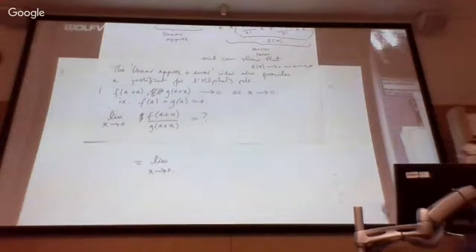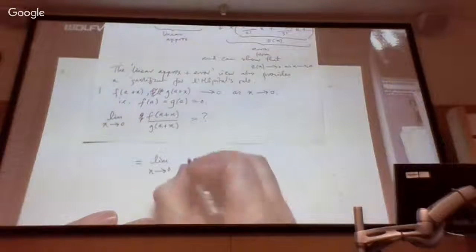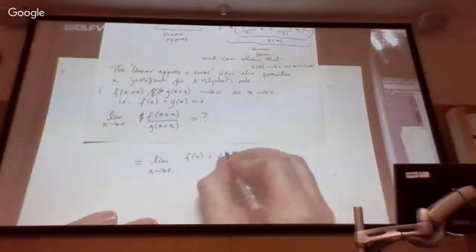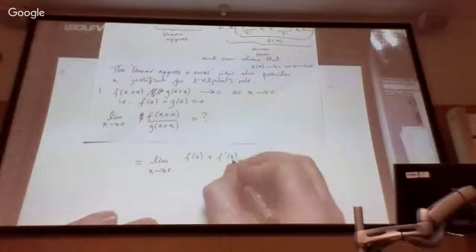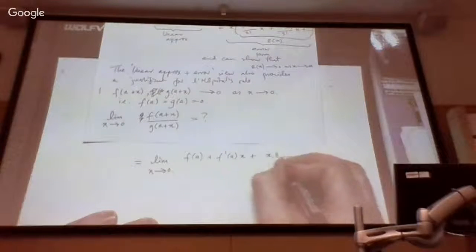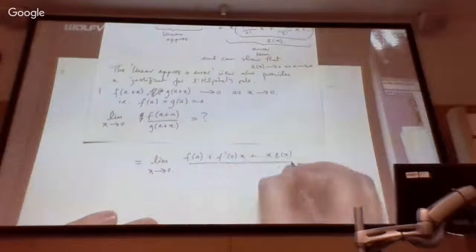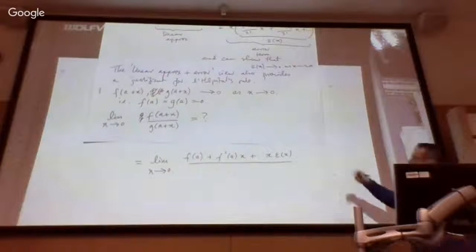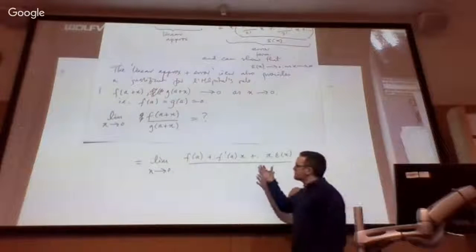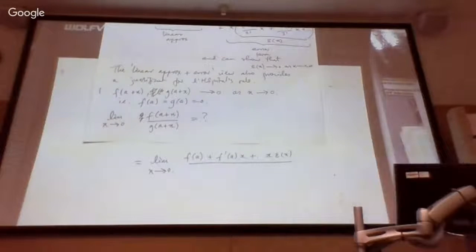if we bring in this linear approximation plus error viewpoint, we have this alternative view of f of a plus x. It's going to be f of a plus the first derivative of f evaluated at a times x plus our nice error term, x times epsilon of x, where epsilon of x goes to 0. And you'll have a similar thing for g.